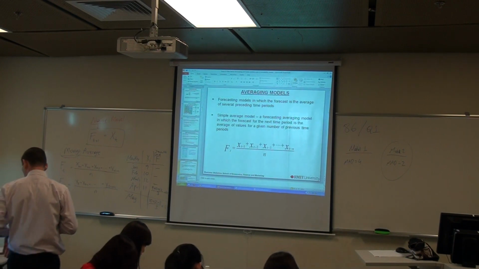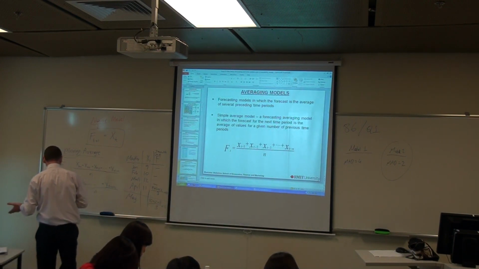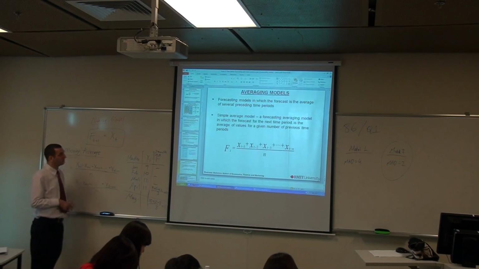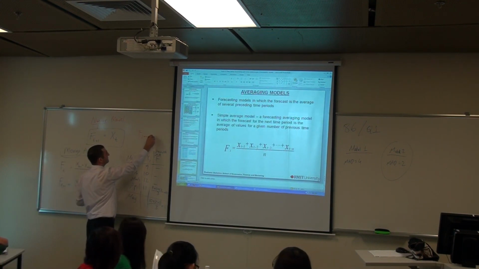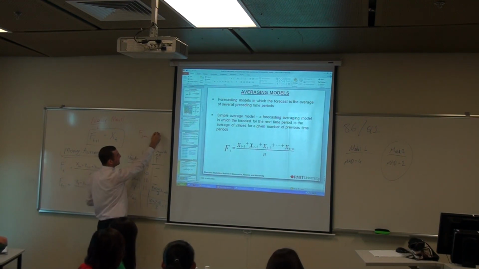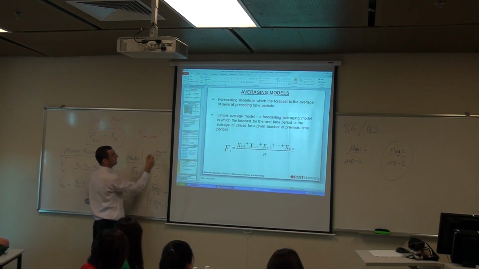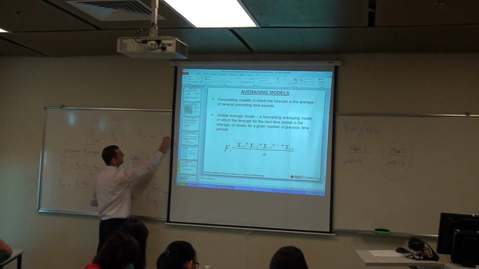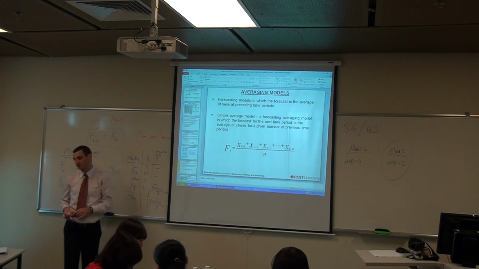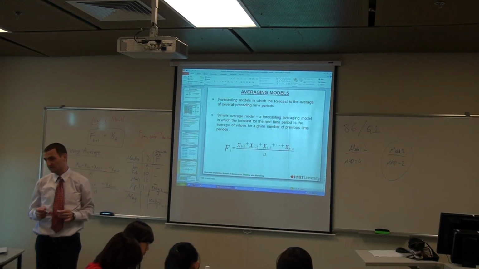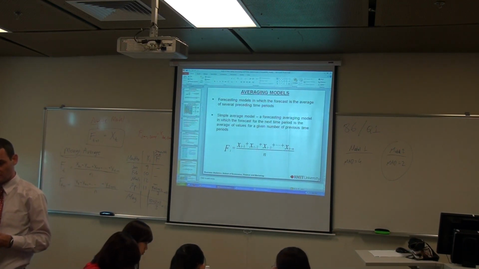For the naive model, you will just take the previous period. If you are looking for January 2009, it will be equal to what? The actual value in December 2008. That's what you have in your data set, right? The actual value of December 2008. What's that?